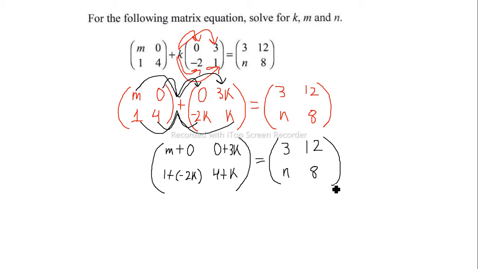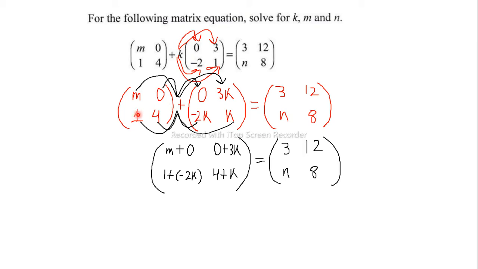Okay. All right. So now, what else do we do? All we did was we added. Notice what we did. We added the two matrices. Now, when you add matrices, you add corresponding entries. This is in the first row and the first column, so we have to use this 0, which is in the first row and the first column. This one is in the first row, but in the second column, so we have to use 3k, which is also in the first row, second column.